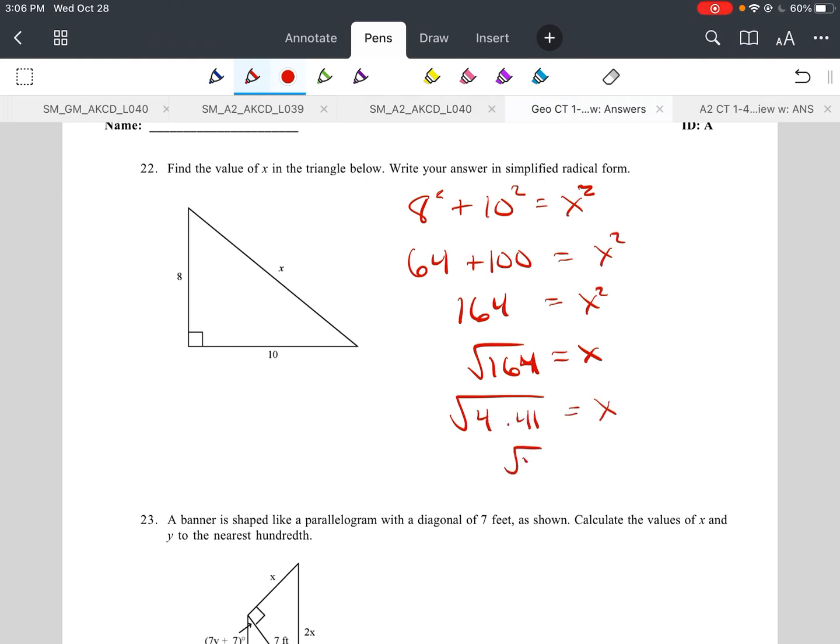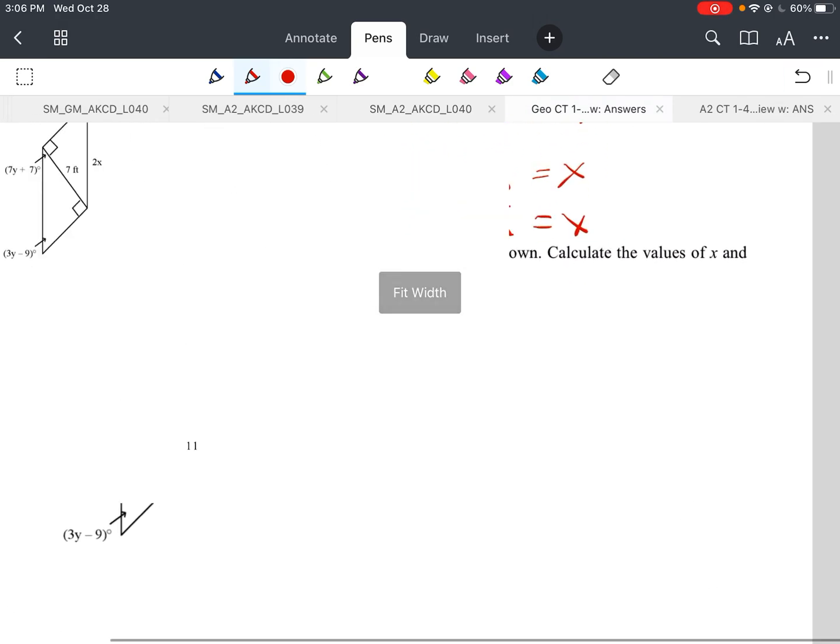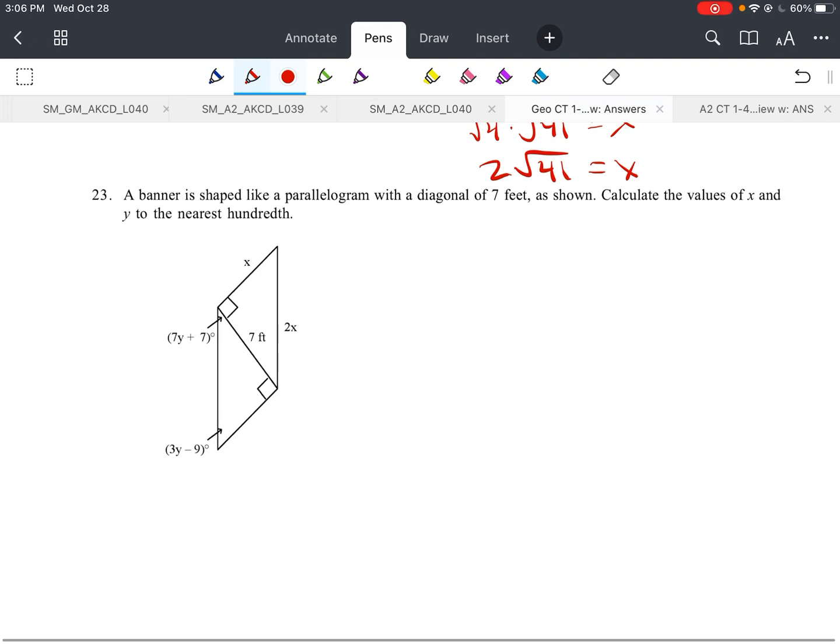That's the same as radical 41 and radical 4, which is the same as 2 radical 41. Take a second to process that. I think that's correct. Yep, okay. All right, next one.